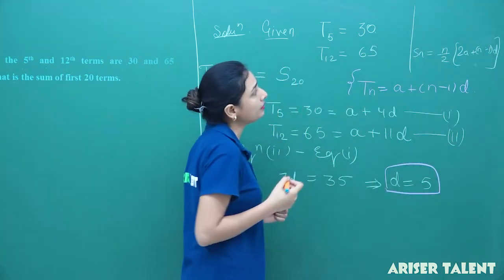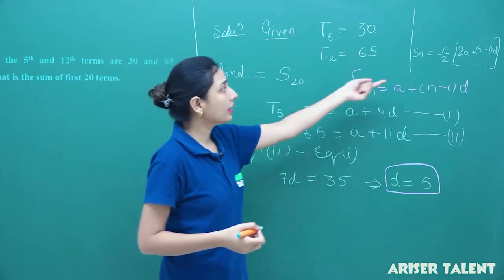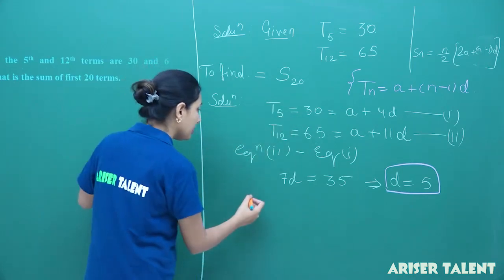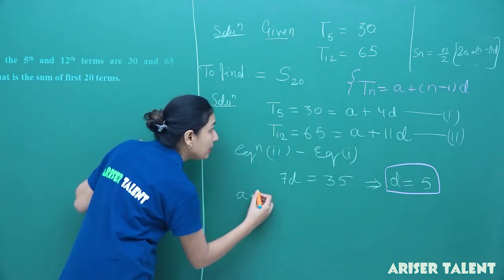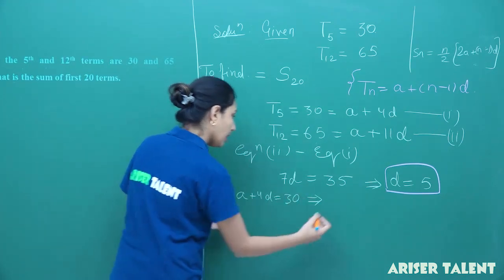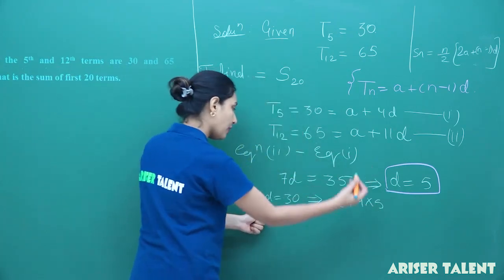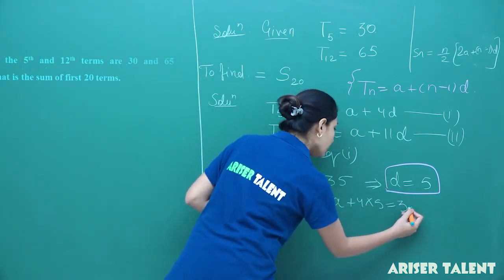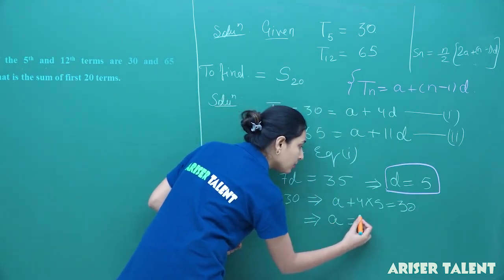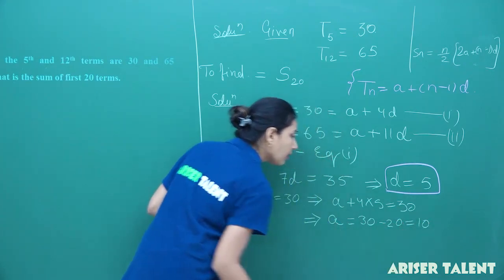For this formula, I am having D, but I am not provided with A. So, can I find A with the help of this equation, that is A plus 4D equals to 30, implies that A plus 4 multiplied by D, which is 5, equals to 30. From here, can I find the value of A equals to nothing but what? 30 minus 20, which is equal to 10.